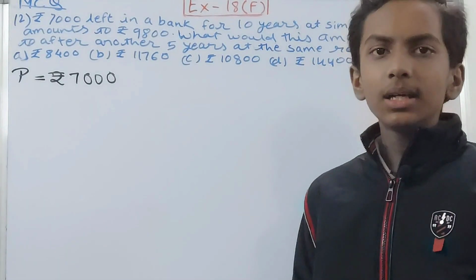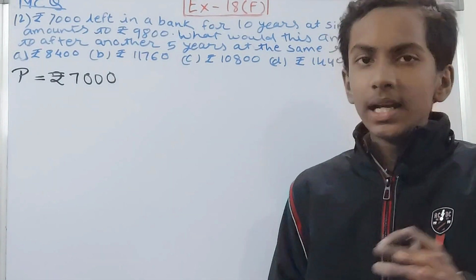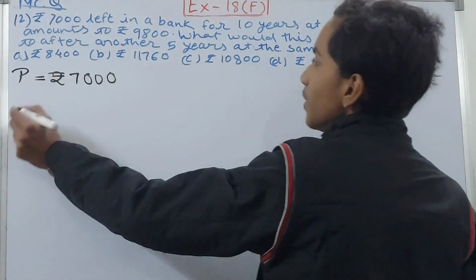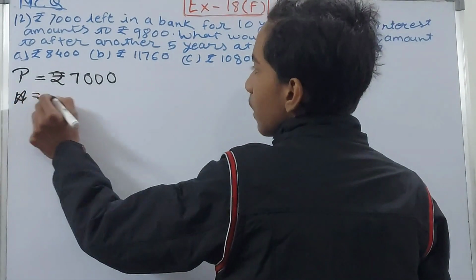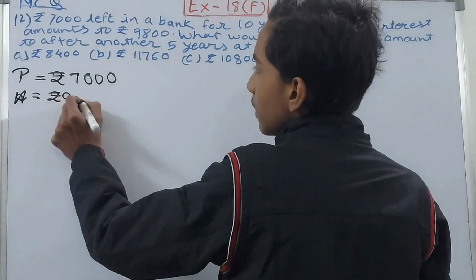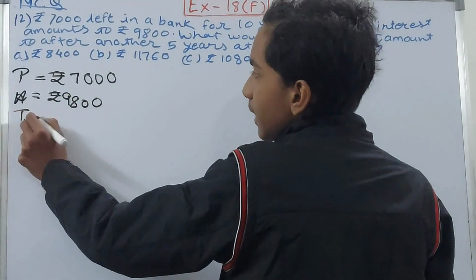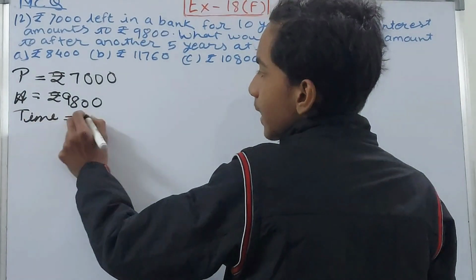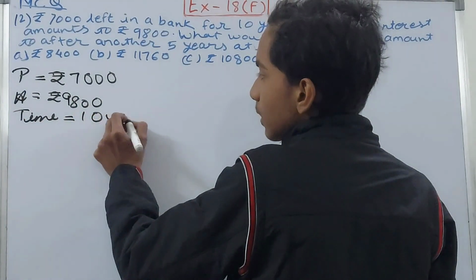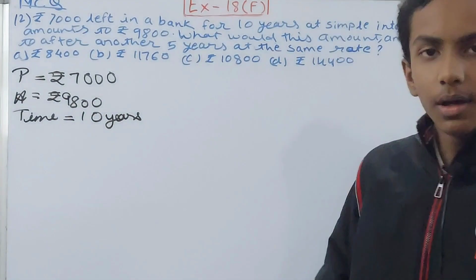So our amount becomes rupees 9,800, and time is also given here, that is 10 years.